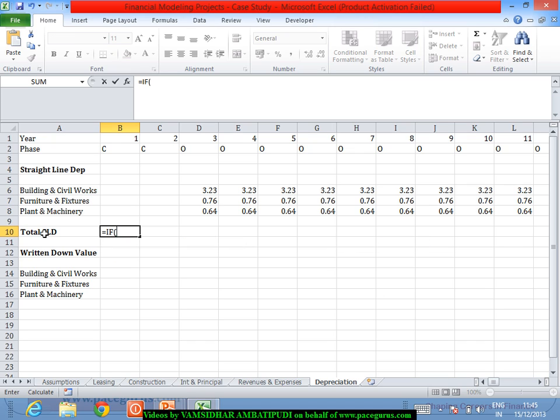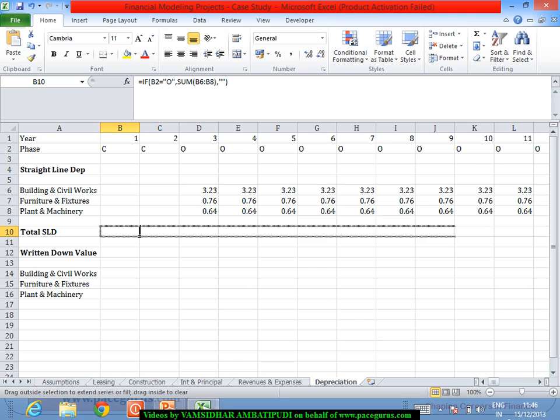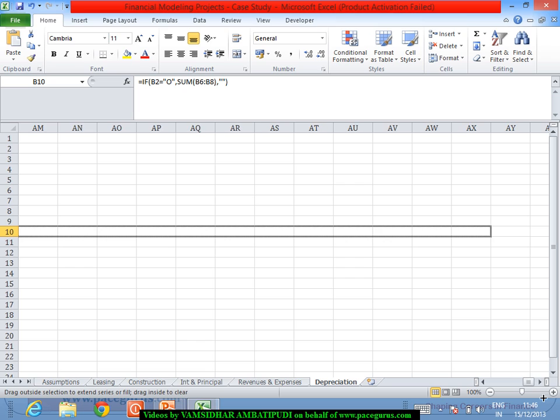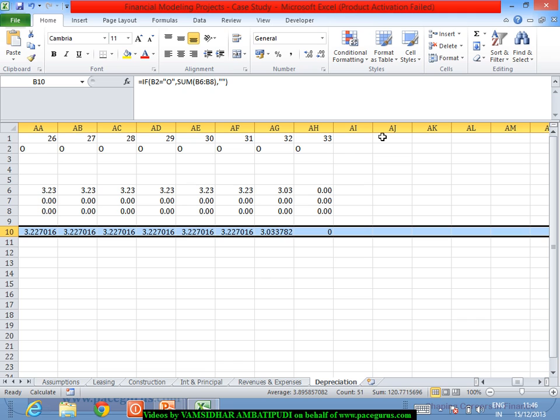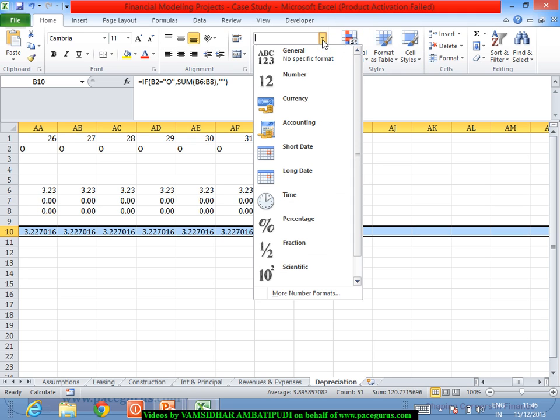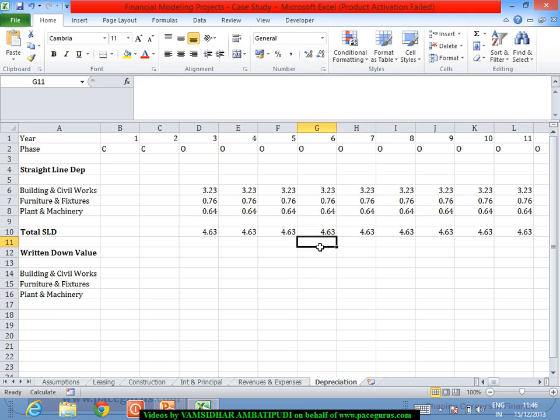Again the same logic, if this part is equal to the operations, then I'll do the summation of all these, otherwise I'll leave that as blank. So the same logic working across, right, up to AZ, all this will remain the same. We are coming out with this particular number, and the formatting is being something like this.